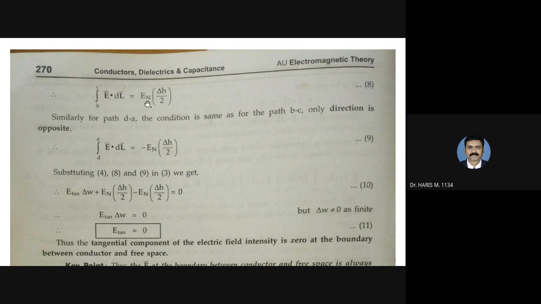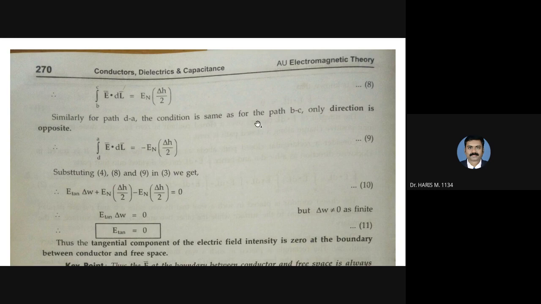So the equation for the limit B to C E dot dl is equal to En into delta H by 2, right? So similarly for path D to A, that means the last part. First we have seen for A to B, then B to C, then C to D, and now we are going to see for D to A. So the condition remains the same as for the path B to C. B to C is from the top region to the bottom region.